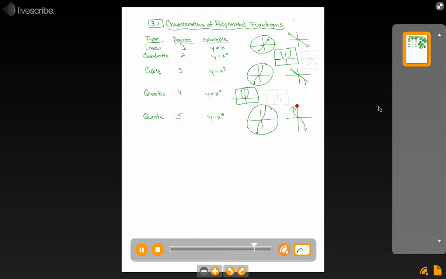But they still head in opposite directions, versus the even ones that either point up in both directions, or if you turn them upside down, they can point down in both. There's just some clues when you're looking at an unknown function to try to decide is it an even degree function or an odd degree function.